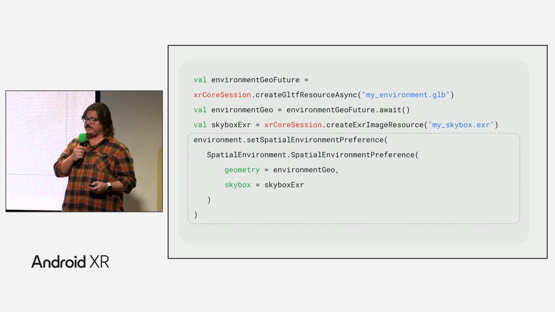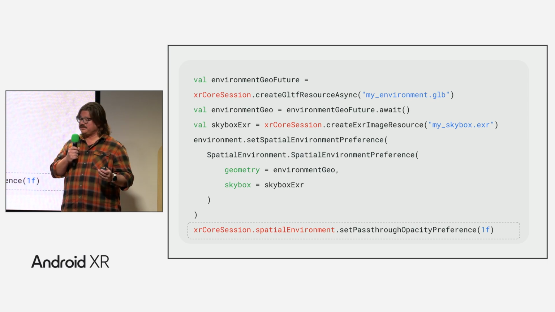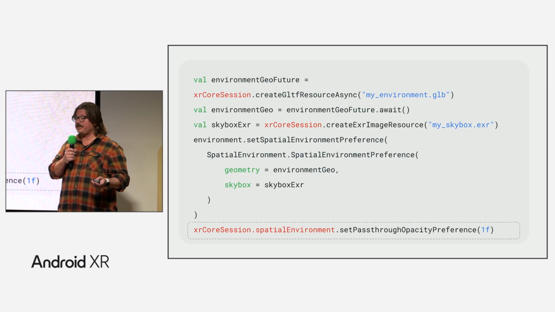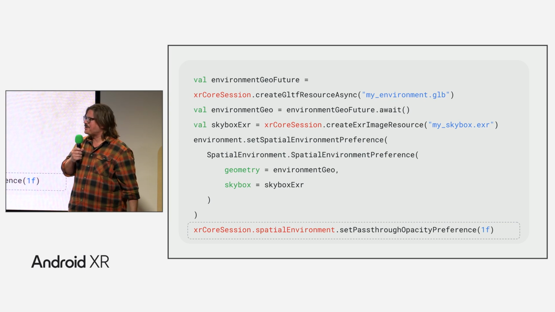Once the resources have been loaded, you can configure your environment preferences and request the system updates them. Note that the methods for loading these resources are asynchronous, so you'll want to do all of this off the main thread. Now, back to you, Stefan, to share more about what's new for AR Core.